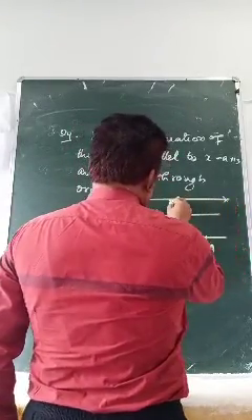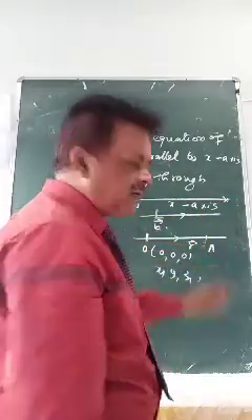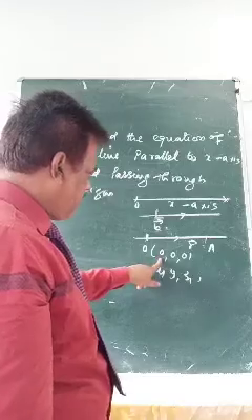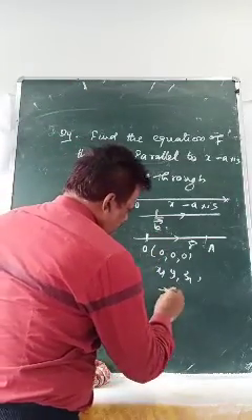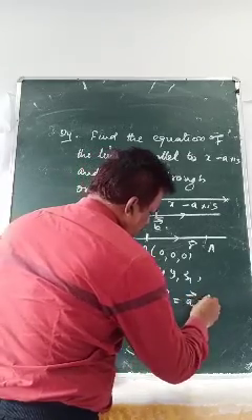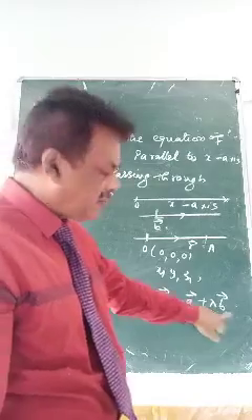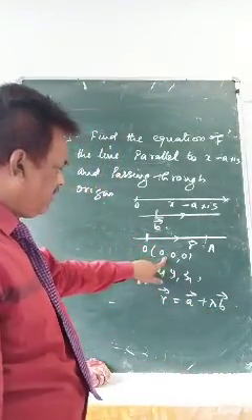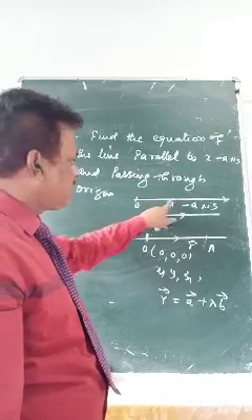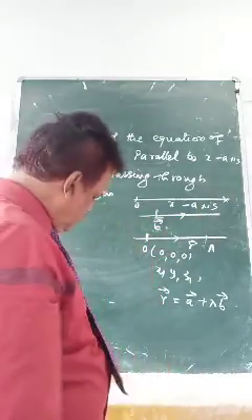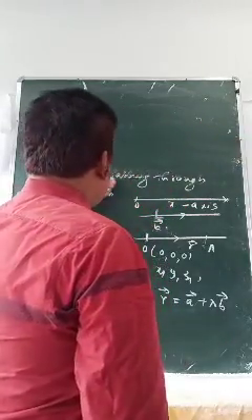You want to find the equation of this line where the point is given. You need a parallel vector because your formula is r = a + lambda b. This formula needs a point and a parallel vector. The point is given, the parallel vector b is not given, but you are given parallel to x-axis. Now can you tell me what is the DR of x-axis? Already I have told you.